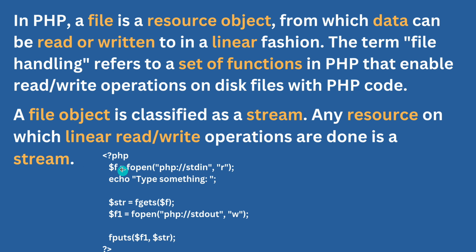So see here. In PHP, if you want to get some input, you have to write some standard input, php://stdin, to read. Whatever you have written, it will read through the method fgets here, and then I'm opening a new stream, standard output. This will write.